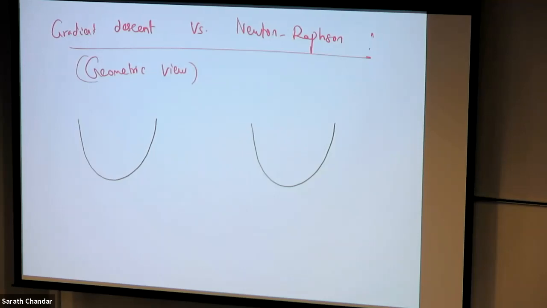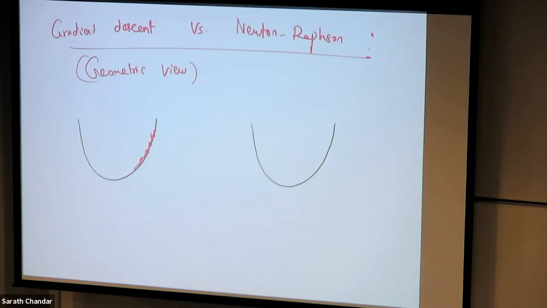Now in the case of gradient descent, we randomly start at some point and we compute the gradient and we go in the opposite direction of the gradient, which points us towards the minimum. But then we don't know how far to go, so we take an alpha step. You take a tiny step, you reach here, you take another tiny step, and so on.